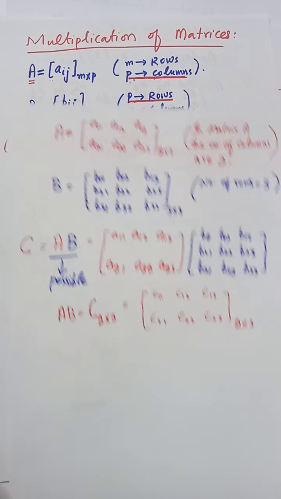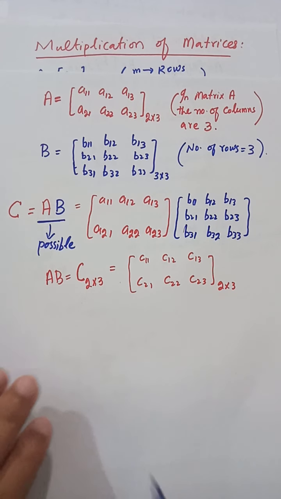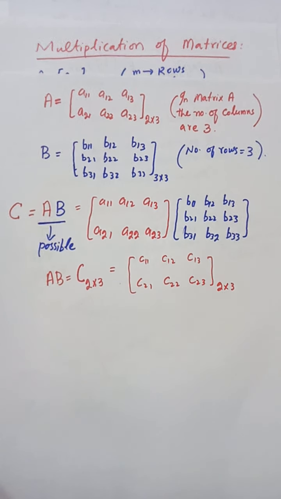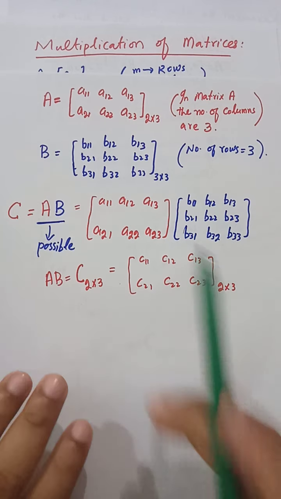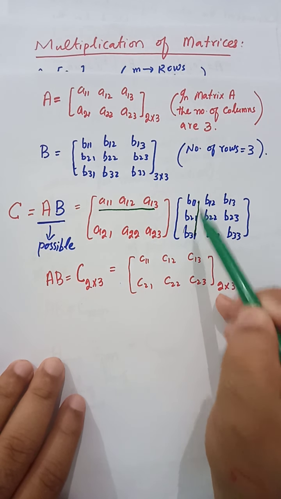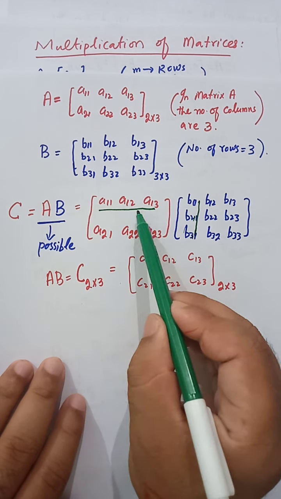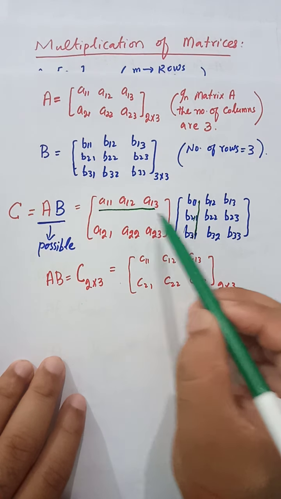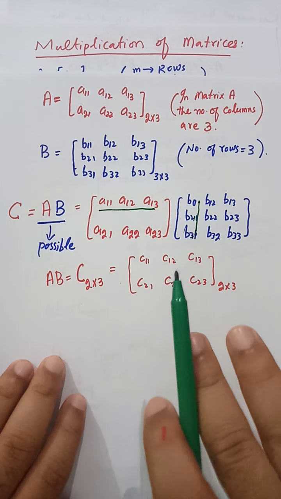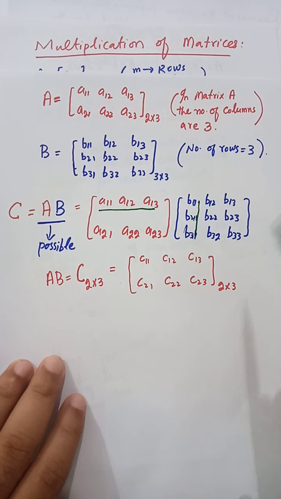Now how can you calculate it? The multiplication procedure is, when you are multiplying two matrices that are conformable for multiplication, you will multiply the first row with the first column, then you will multiply the first row with the second column, then the first row with the third column, and if there are other columns, you multiply the first row with all the columns of the second matrix.